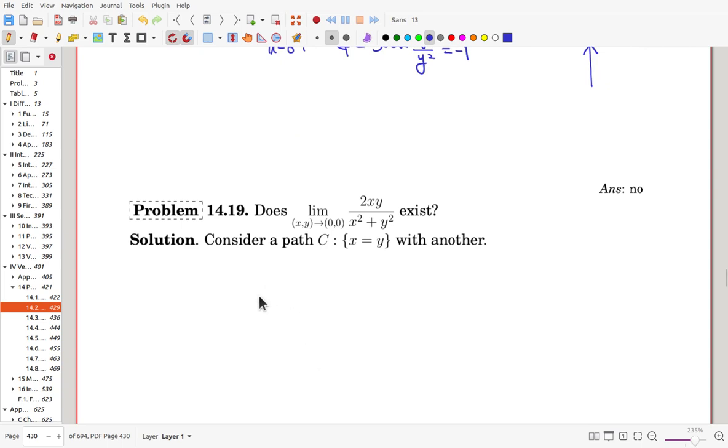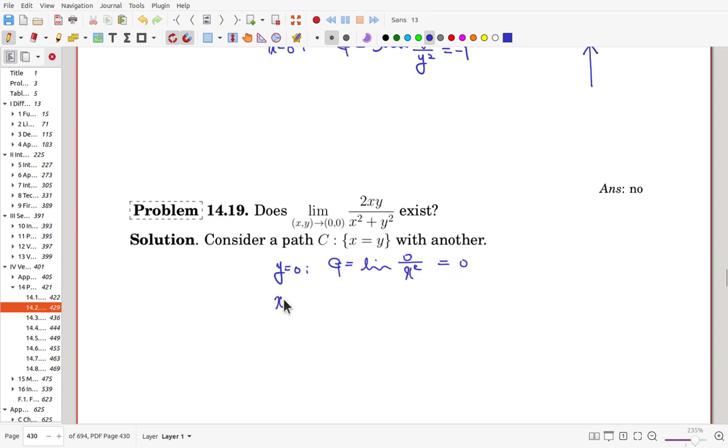Now, for this one, we'll try to do the same. When y equals 0 along the x-axis, the given problem has the numerator always 0, so the limit is 0.